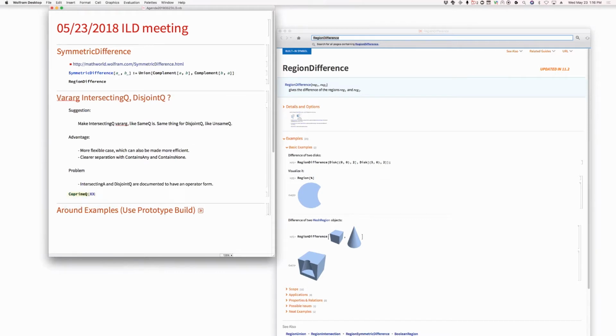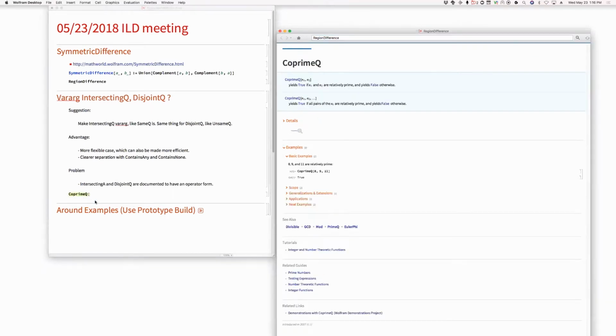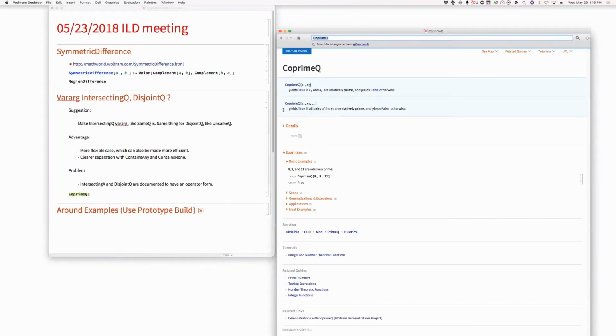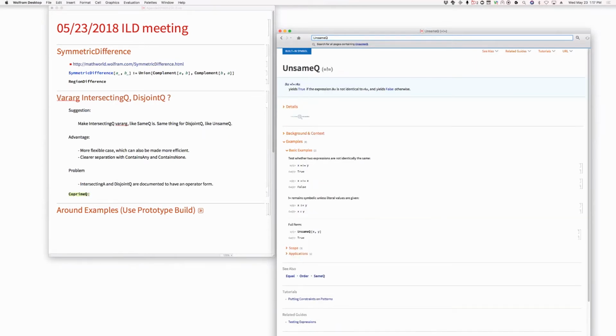Yeah, it's similar to co-prime Q and things like that, right? But co-prime Q is var args, isn't it? Yes. Well, that's true if all pairs are relatively prime, which is a little different from unsame Q, which says they're all different. Is that correct? Yes. So here in intersecting Q, it would be they all intersect, and disjoint Q, they are all disjoint in pairs.